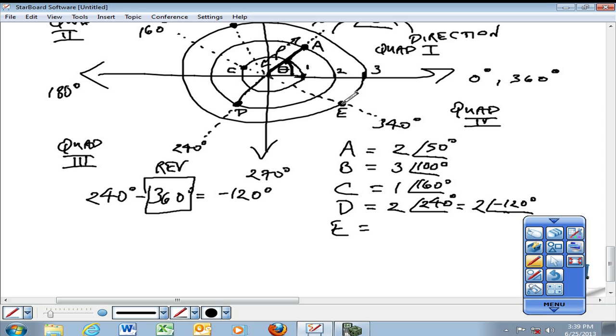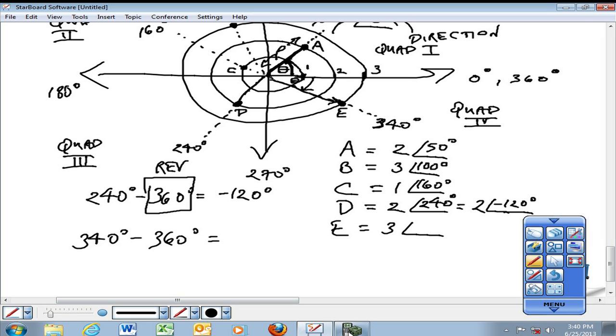How would you address E? You have choices. You know the magnitude. You don't have a choice there. Pretty much it's a magnitude of 3, so that's your distance out. And then your direction, your choice. If you go this way, there's your theta going this way, if this is 340, you'd say 340 degrees minus a revolution.